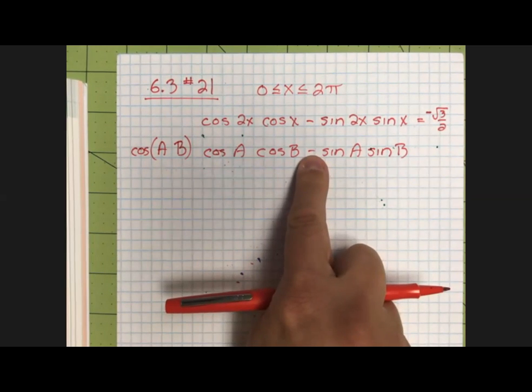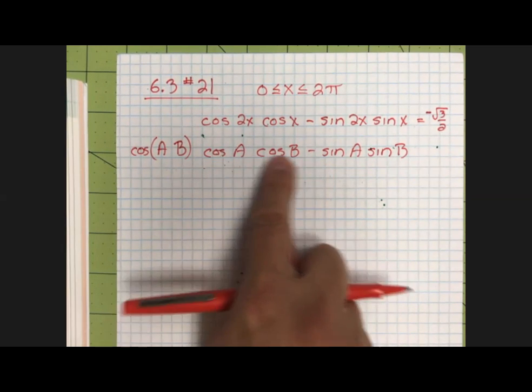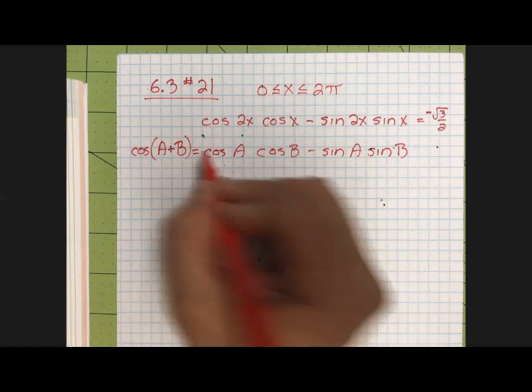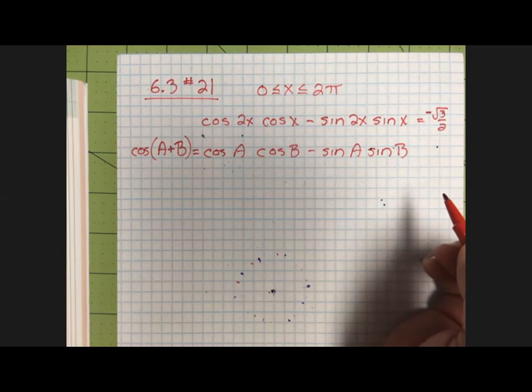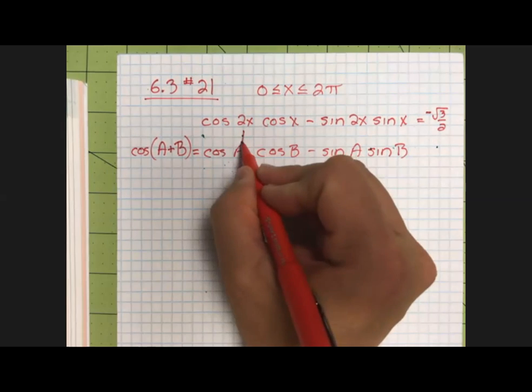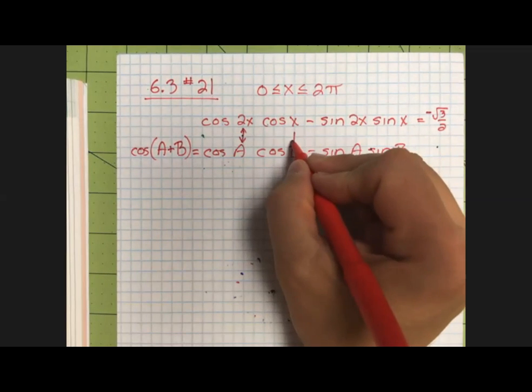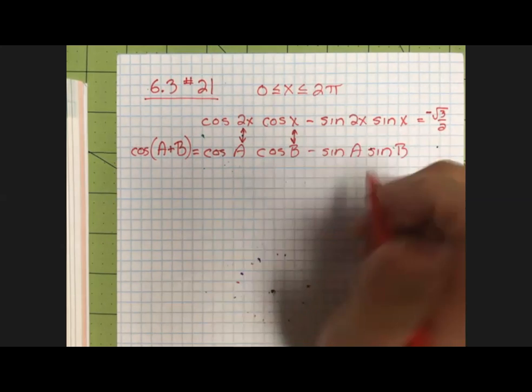Now, which one is it? With the cosine formula, it goes cos, cos minus sine, sine when you add the angles. So he's adding the angle 2x and the angle x.